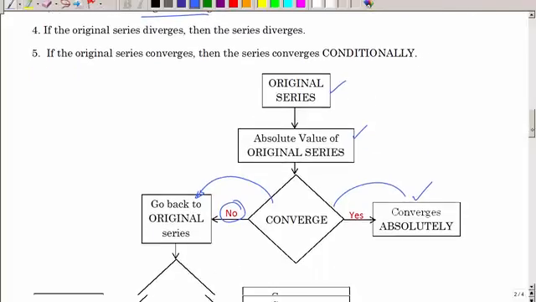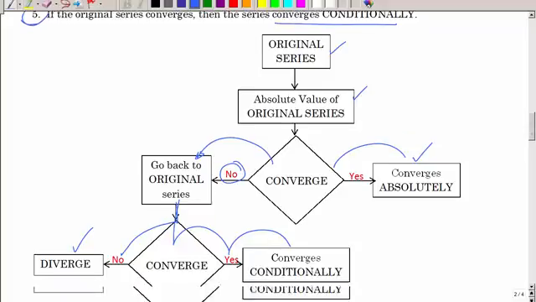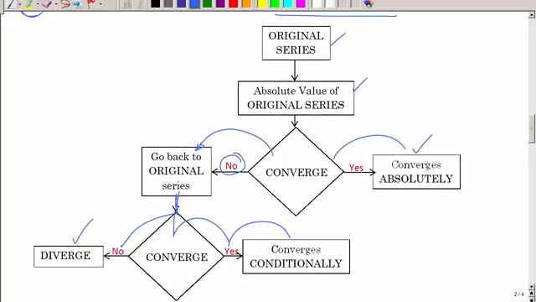If the original series diverges, then it just diverges. But if the original series converges, then we say it converges conditionally. I'm kind of a picture person, so this picture helps me, but I also have it stated out in words. You just have to have some type of algorithm for this process.